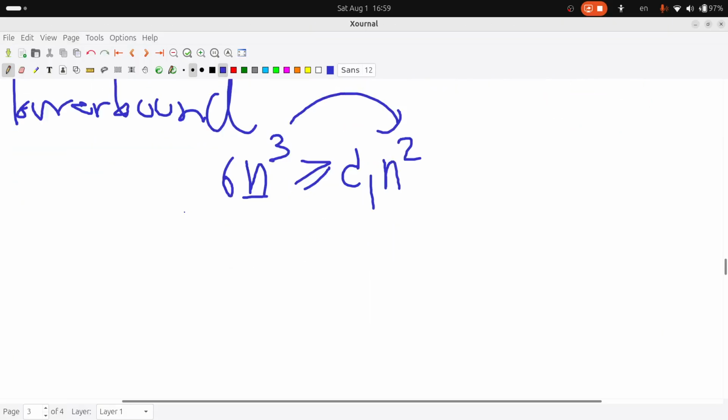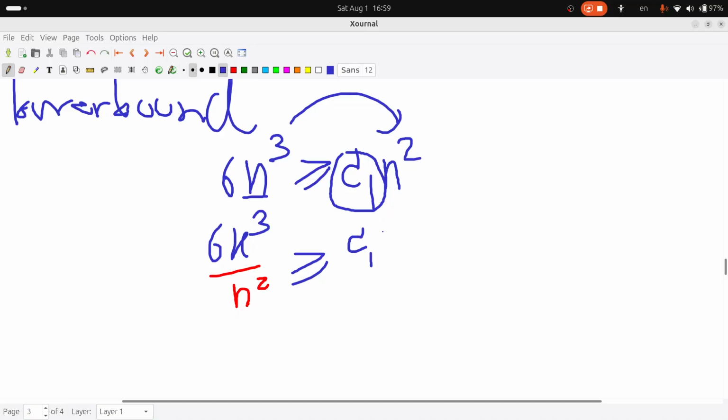So for this problem we try to limit the c1 to be alone. What I mean is we try to leave the constant c1 alone, with nothing attached to it. So what I do is divide by n square on both sides, right? So n power 3 divided by n square, and this one will be constant c1 times n square divided by n square.